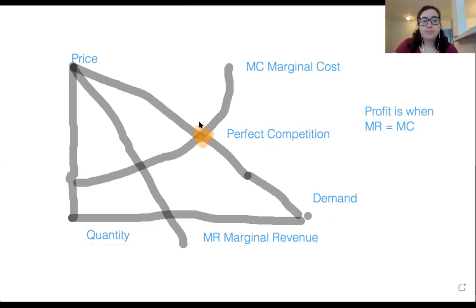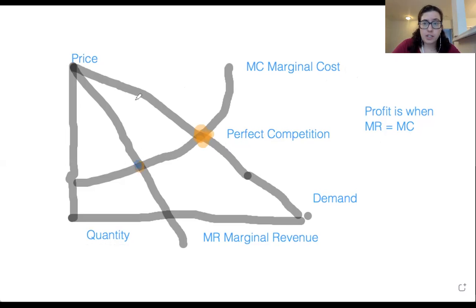This orange star here. But what happens in a monopoly is they are trying to maximize profit. So they produce where MR equals MC, which is here. But because they're a monopoly, they don't have to charge here.